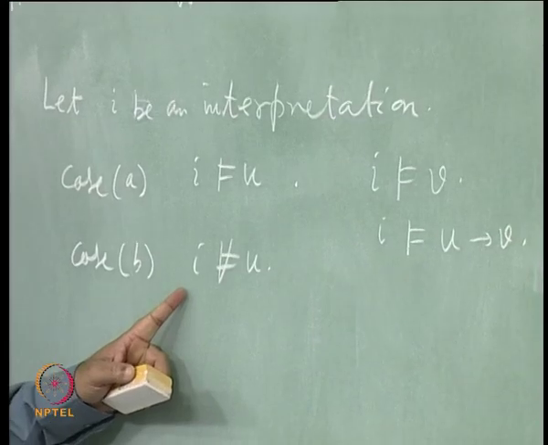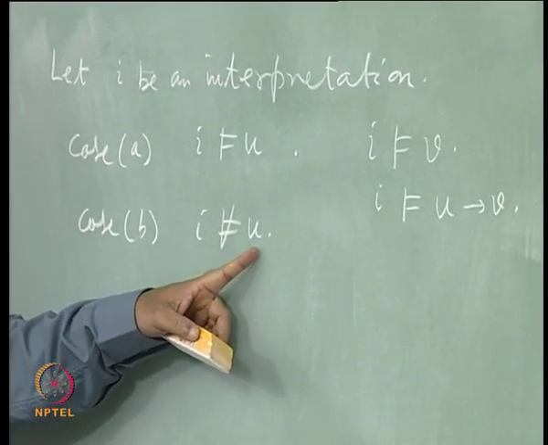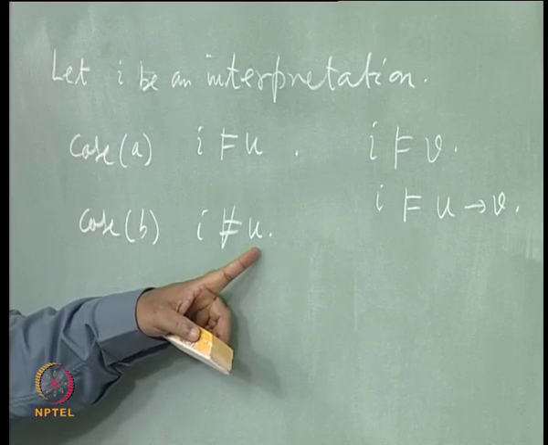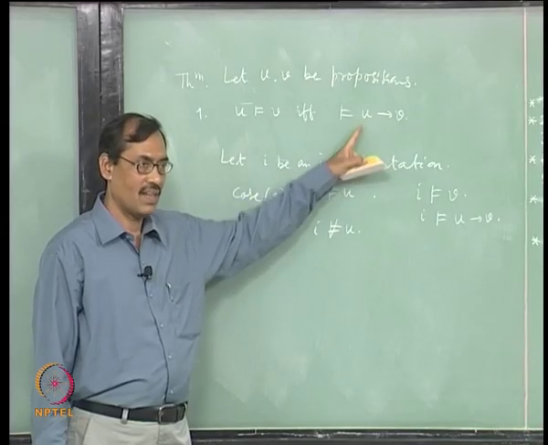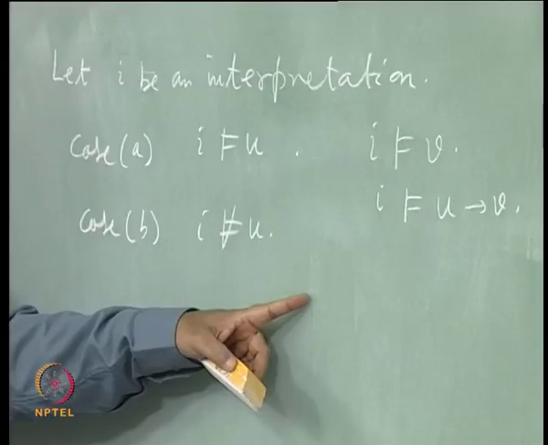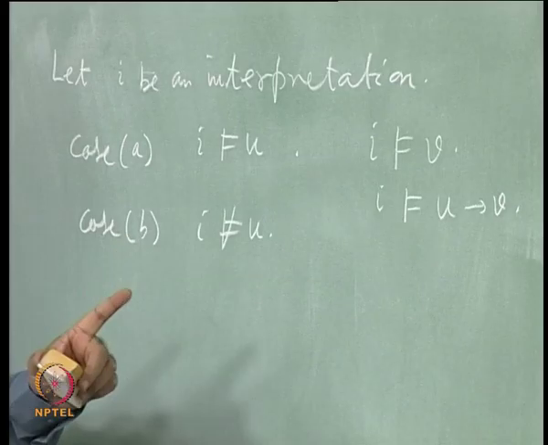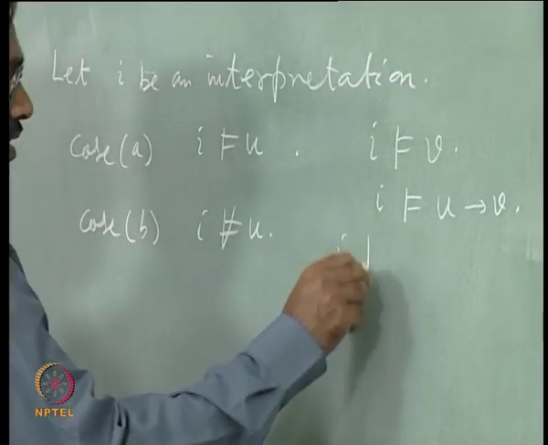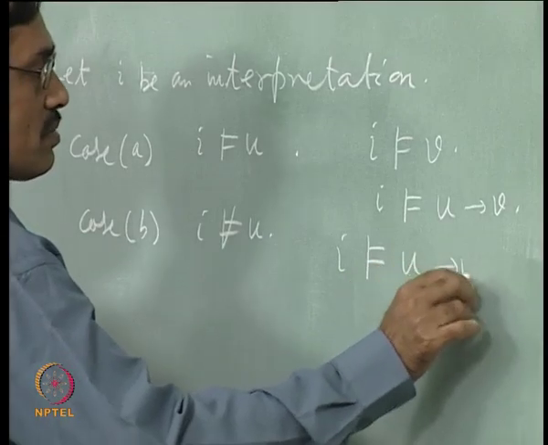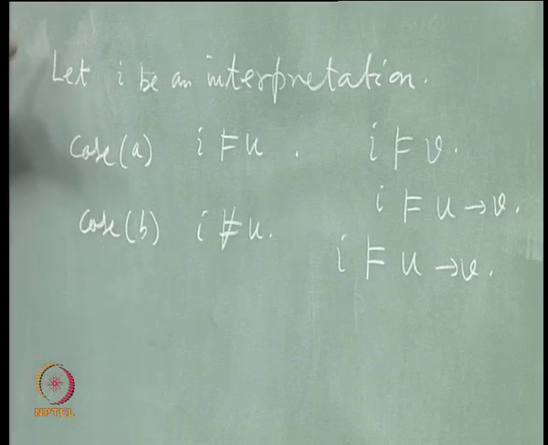In case B, if I does not satisfy u, then by the definition of implies, I satisfies u implies v. If I of u equals 0, then I of u implies v is 1, whatever v. So, in this case we directly get I is a model of u implies v. Okay. And that is only one part.